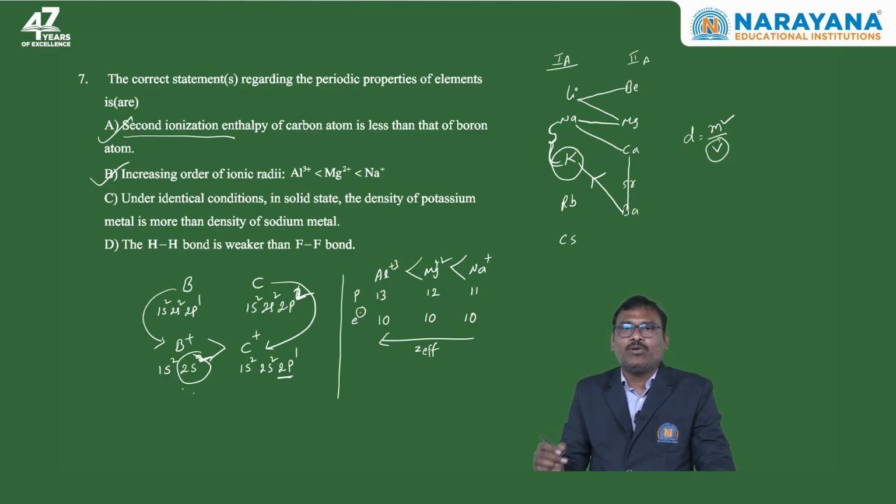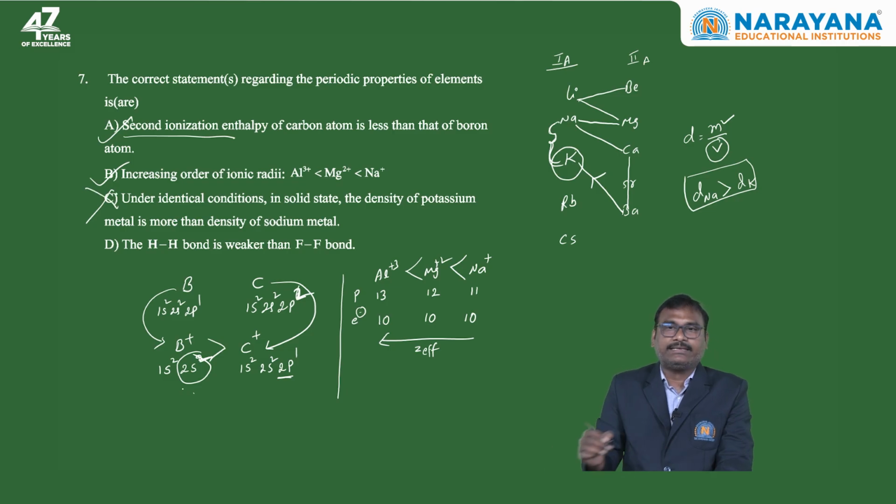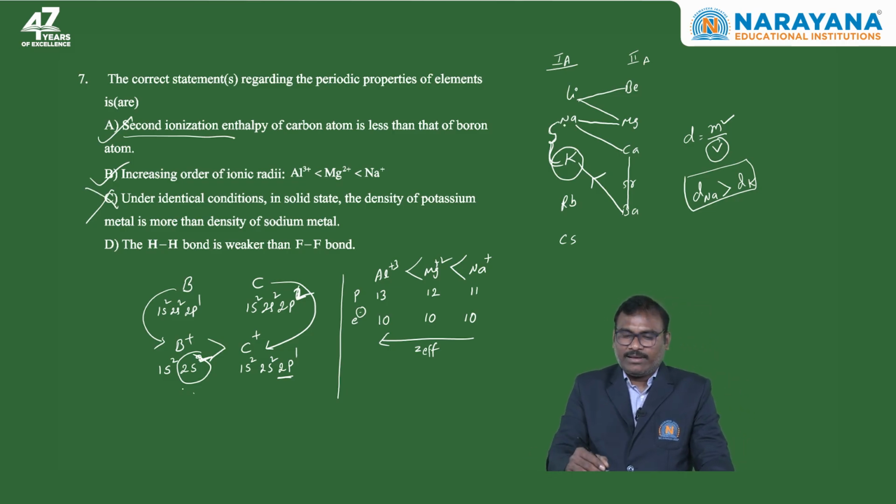As the size is more, density is less. So the density of potassium should be lesser than the density of sodium. The statement that under identical conditions in solid state the density of potassium metal is more than that of sodium metal is a wrong statement, because from sodium to potassium there is a large size increase.